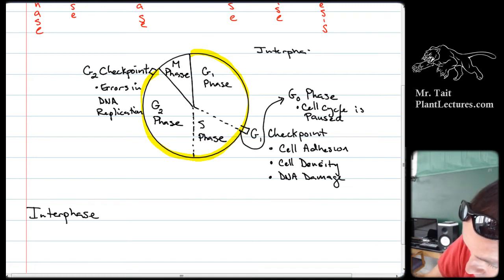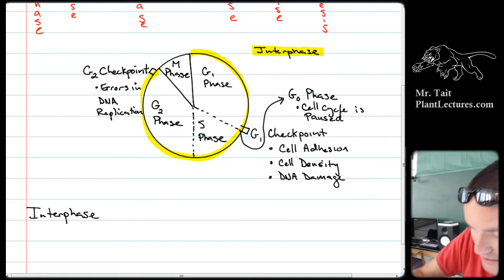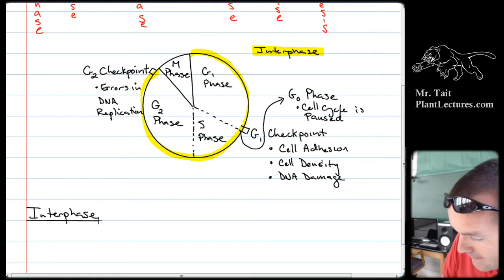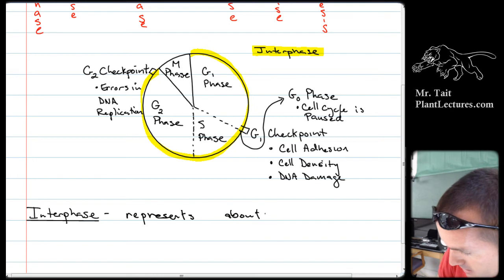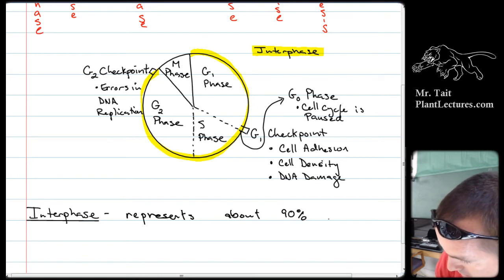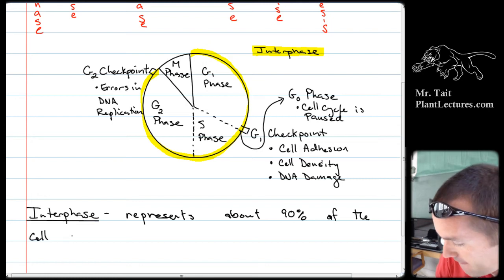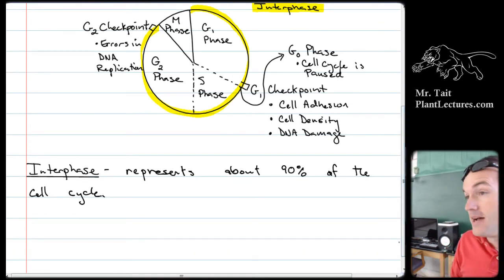And I haven't drawn it perfectly, but interphase should represent approximately 90% of the cell cycle, as far as time goes. Okay, so 90% of a cell's life will be spent in interphase. Sometimes much longer than that.